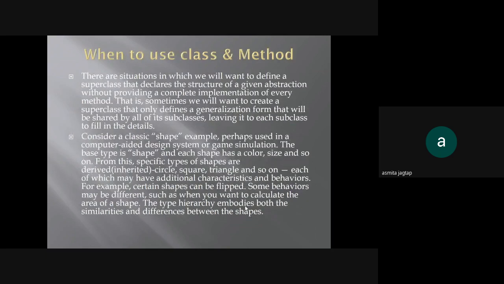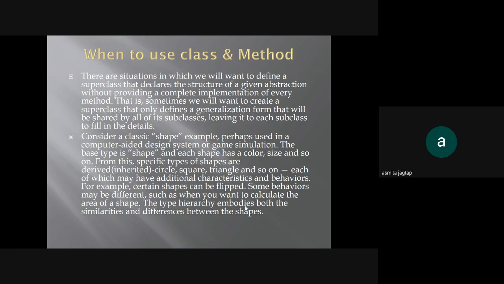When to use this abstract class or abstract method? When should we use this in our programming? There are situations in which we want to define a super class, that is, a parent class, that declares the structure of a given abstraction without providing the complete implementation of the given method. Sometimes we want to create a super class that only defines the generalized form that will be shared by all the subclasses.